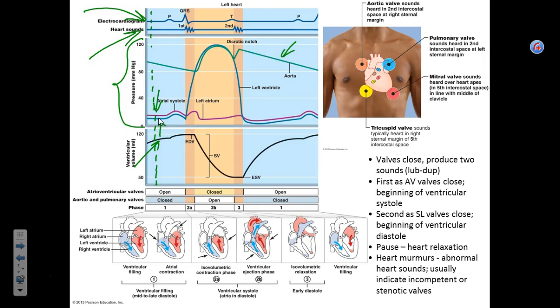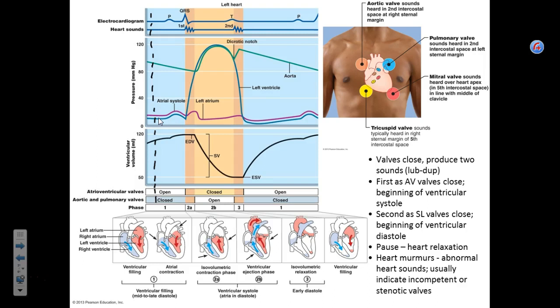So I'm going to erase everything and start drawing lines, and you're going to tell me what happens at each line. What happens at this line? Heart is completely resting, relaxed. That's the diastole.